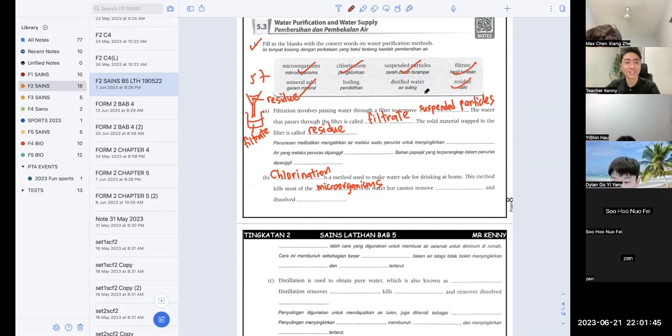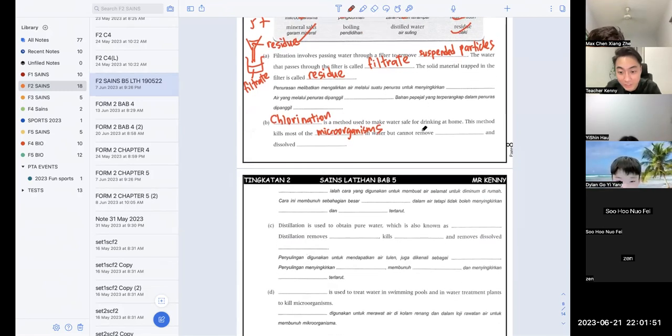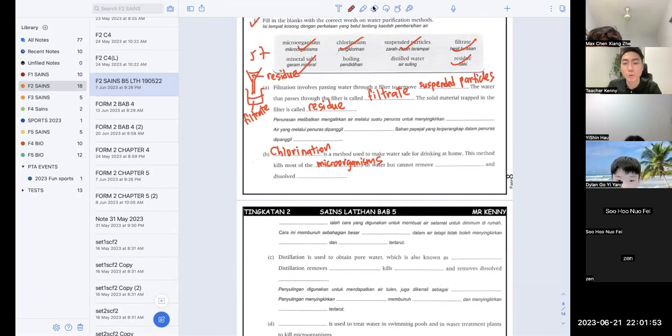Wait, sorry, not chlorination. That's for the swimming pool. Sorry, it's boiling. Sorry, students. Okay, it's boiling. So sorry. Thank you. This method kills most of the microorganisms in water, but cannot remove suspended particles and dissolved mineral salts.